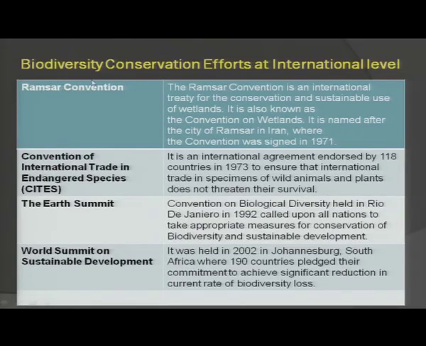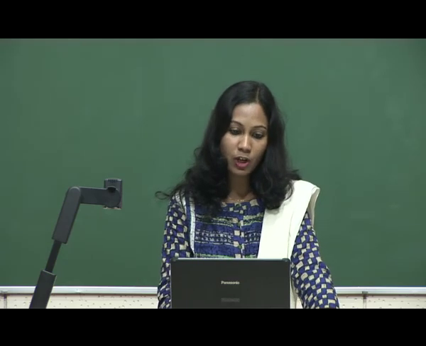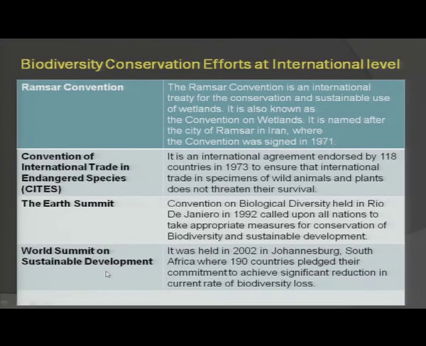Let us look at the biodiversity conservation efforts at the international level. Biodiversity conservation is of great concern to everyone around the world, and so many conventions are organized every year. Some of the prominent conventions I have mentioned here in this table: the Ramsar Convention, also known as the Convention for the Wetlands. Wetlands are areas which are completely saturated with water, and so the conditions there are feasible for the growth of biodiversity.